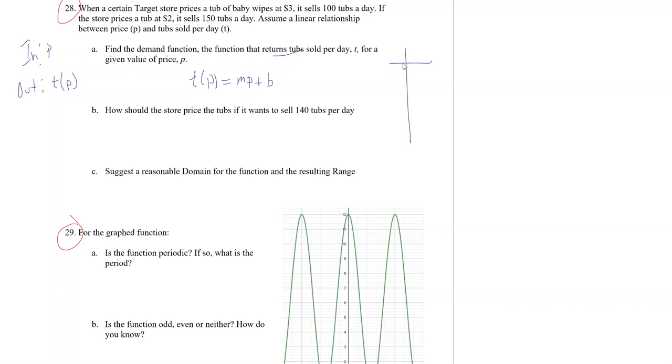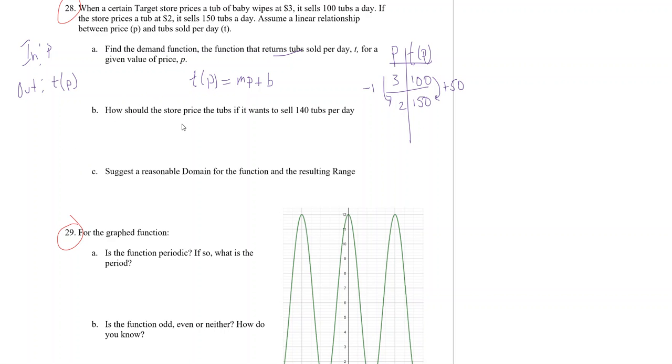We have P, and then we have T of P. We're told that $3 is the price that leads to the sales of 100. $2 sells us 150. So when the input goes down 1, the output goes up 50. So reducing the price by $1 leads to the sale of 50 more tubs.